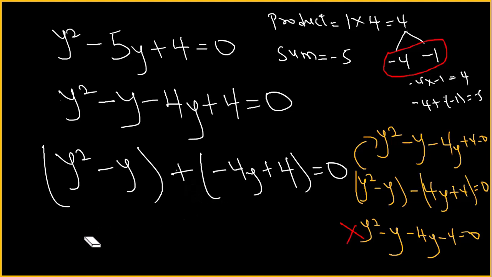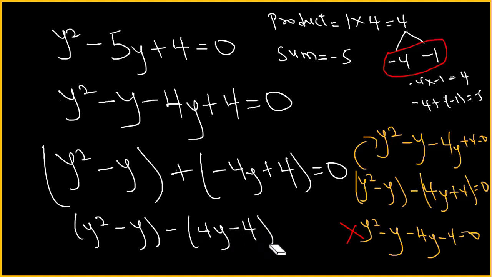Or you can write it this way: y squared minus y, minus, bracket open, 4y minus 4, is equal to 0. If it's done this way, when simplifying it back, you will still get back the original expression. If the negative sign is taken outside, it affects the operational sign inside our bracket. So let's simplify and attest to the fact.